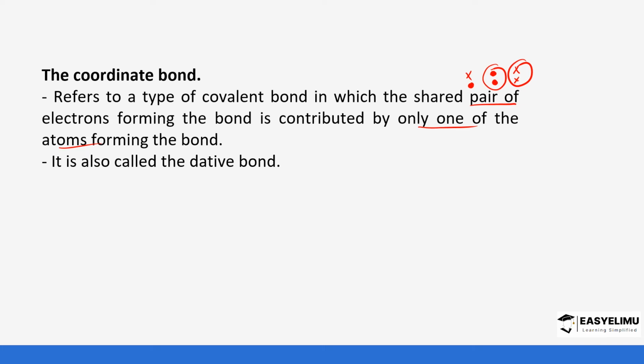So let's look at a few examples of how coordinate bonds are formed, and then you draw the dot and cross structures together. We'll start with the famous ammonium ion. We discussed the ammonium ion, which is a radical when you are forming chemical formulas. You can see we have one nitrogen and four hydrogens.